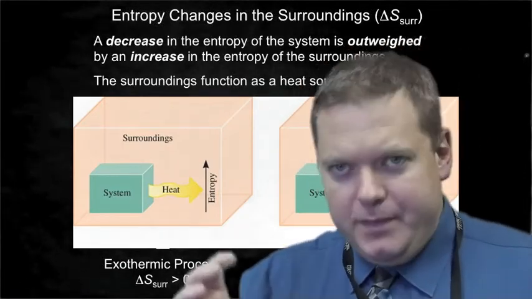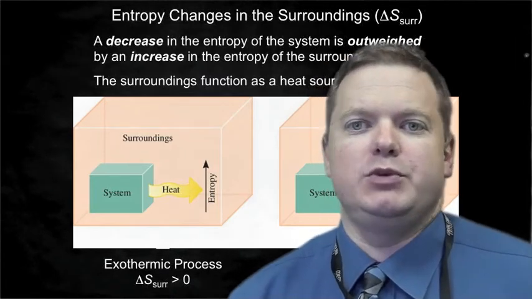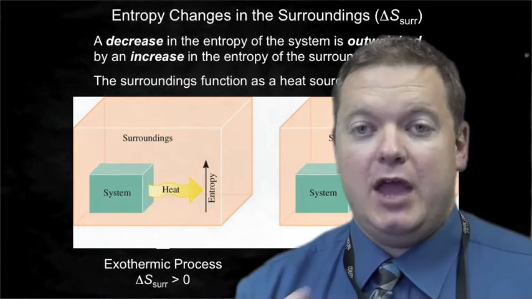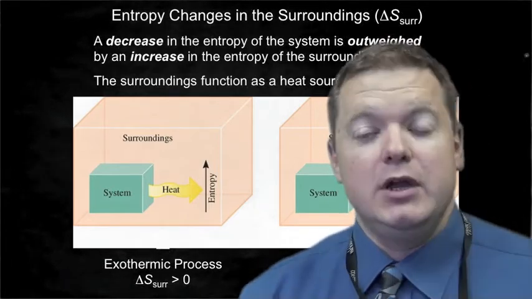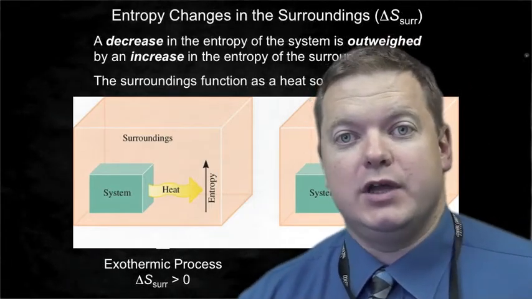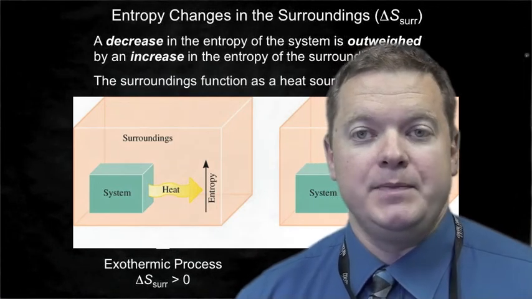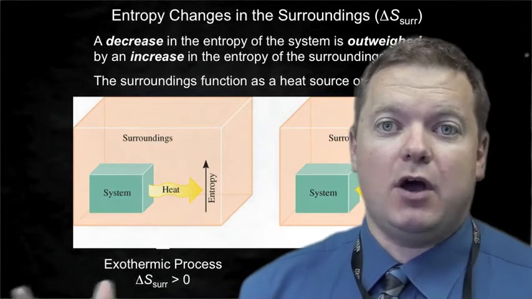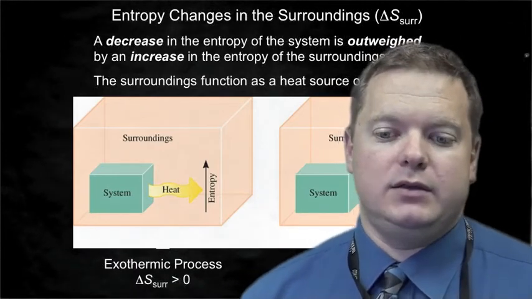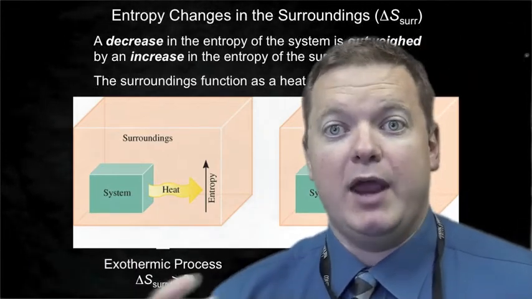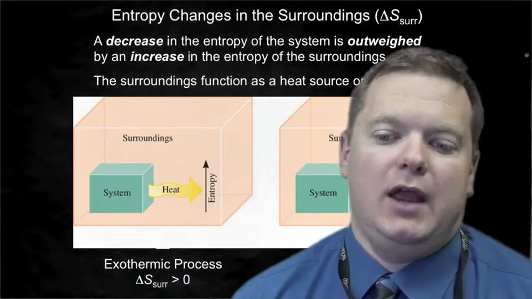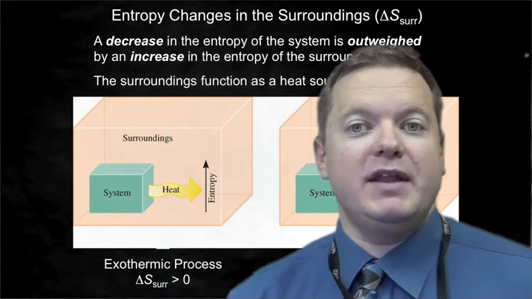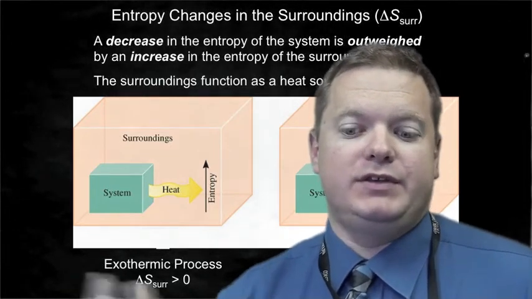But remember, we have to look at the relationship between the system and the surroundings. If we go back to our laws of thermodynamics, we said that the entropy of the universe is always increasing. So even when we're causing a reaction that causes a decrease in entropy, because that law has to be true, the universe itself has to overcome that decrease. It has to be outweighed by a larger increase in the universe or the surroundings. And we can make that emphasis because of this heat sink.